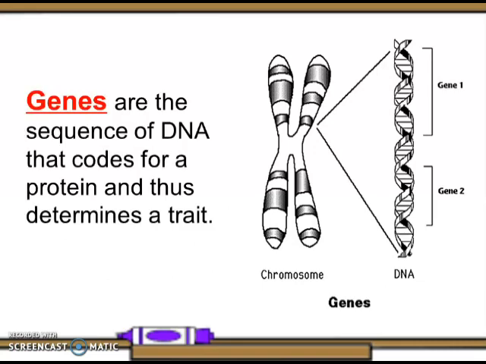Genes. Genes are the sequence of DNA that codes for a protein and thus determines a trait. It is the basic unit of inheritance. It consists of a sequence of DNA, which is the genetic material. Genes can mutate and can take two or more alternative forms.